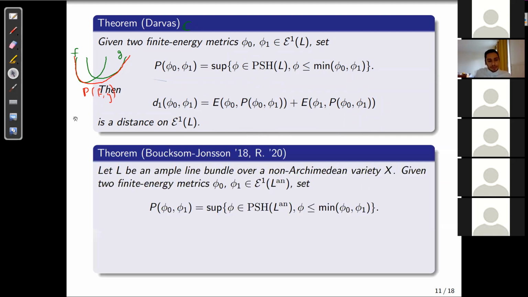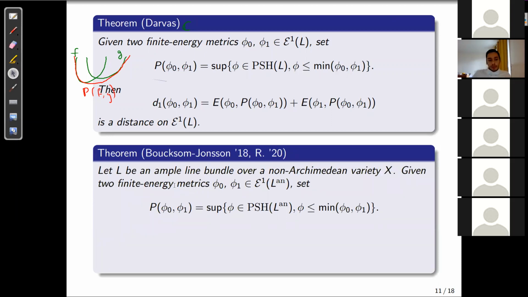Okay. And so what's rather striking is that this works exactly the same in the non-Archimedean case. So it was first proven in the trivially valued case and then generalized to almost arbitrary non-Archimedean fields. There is a technical hypothesis that we will review later on related to these envelopes.